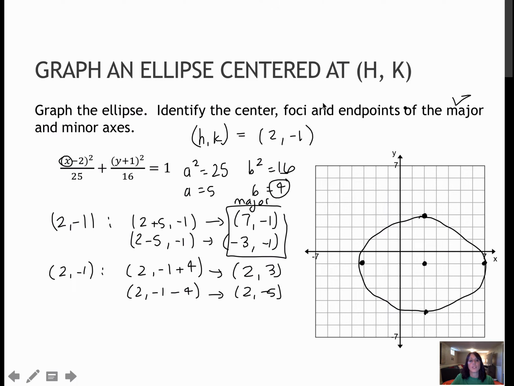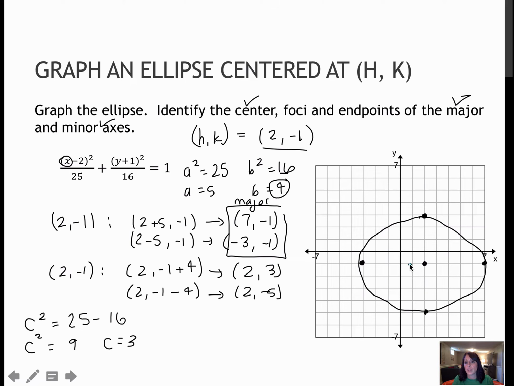So I have the endpoints of the major, the endpoints of the minor. The center is here at 2, -1. The foci, we do the exact same thing we did before. So c squared equals a squared minus b squared. 25 minus 16 is 9. And so c is 3.